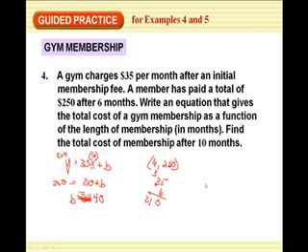So y equals 35x, that's how much it is per month, plus $40 to start. That's my equation. And the total cost after 10 months, you'd put a 10 in right there. So 350 plus 40 would be 390.